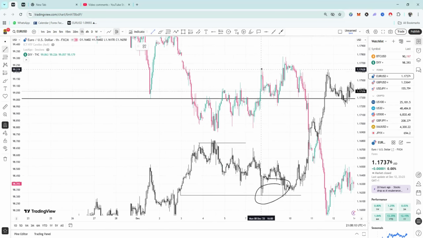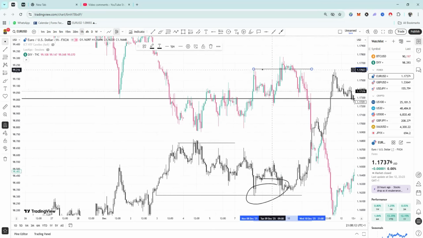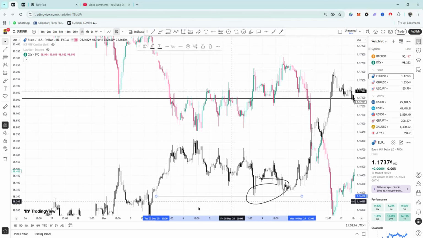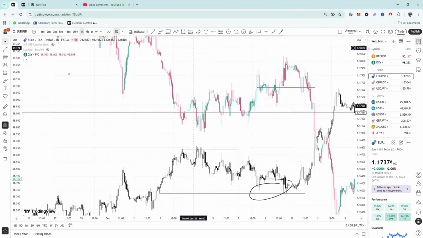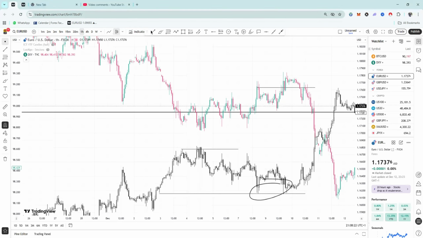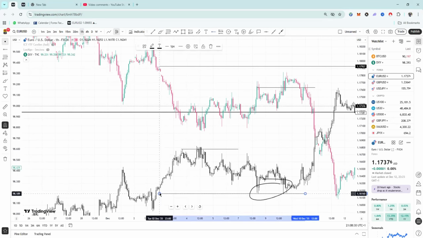This is the high on DXY. Price also took out the high on DXY. Let's look at this together, guys. Now you're going to notice something here. This is the low of DX. This is the low of that candle, the CRT candle, and this is the same high here.